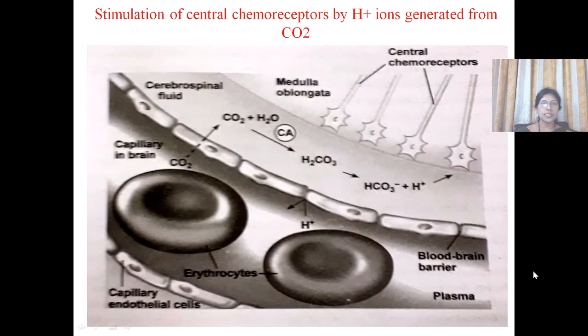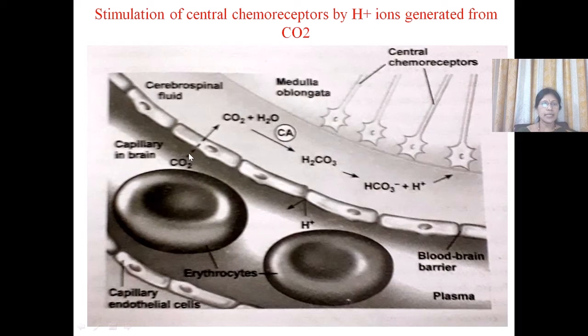This image shows the stimulation of central chemoreceptors by the H plus ions generated from carbon dioxide. The H plus ions generated in the cerebrospinal fluid play an important role in the process of ventilation. The H plus ions in the capillaries cannot cross into the cerebrospinal fluid as the blood-brain barrier is impermeable to the H plus ions.